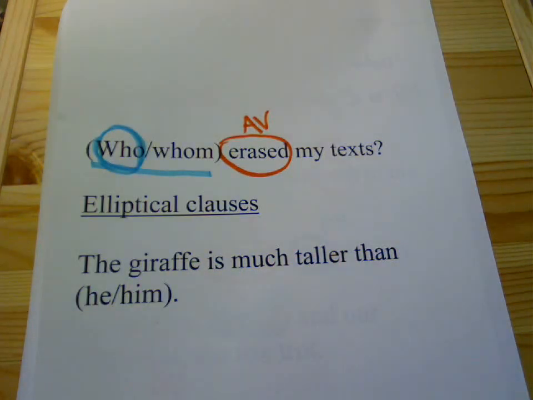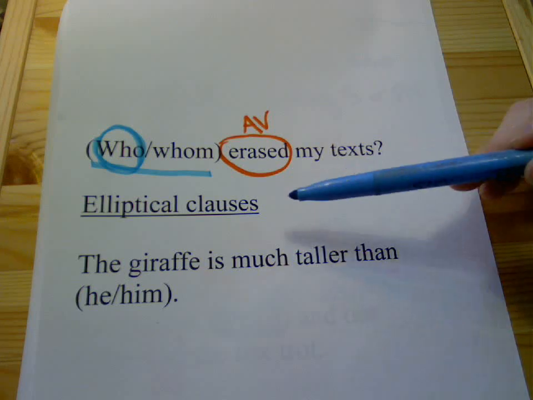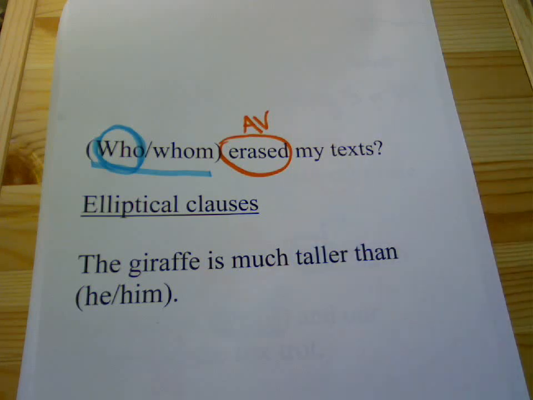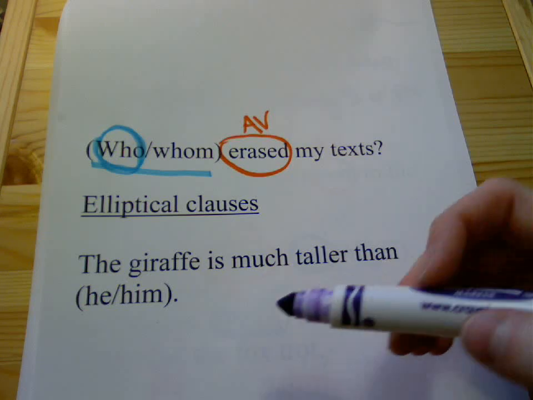All right, now right before we end, I'm going to tell you about one sort of tricky kind of sentence, and we call them sentences that have elliptical clauses. Elliptical clauses are clauses that are missing some words. All right, so we're going to take a look at this sentence. The giraffe is much taller than he or him. Now, what we need to realize in this sentence is that we're missing some words here.